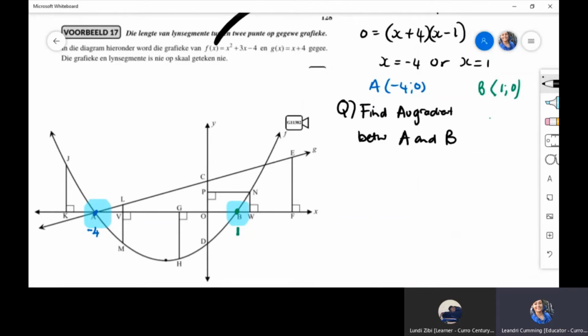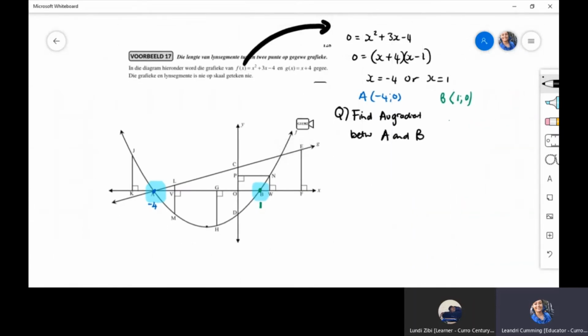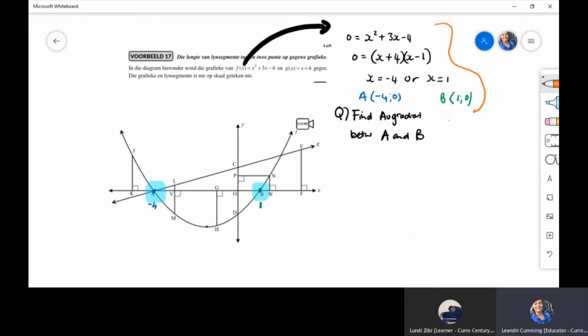Okay, which now makes it clear why I had to get the x coordinates at A and at B, because I did not have them. So you would first have to solve to get the values. At A, x is minus 4, sorry.